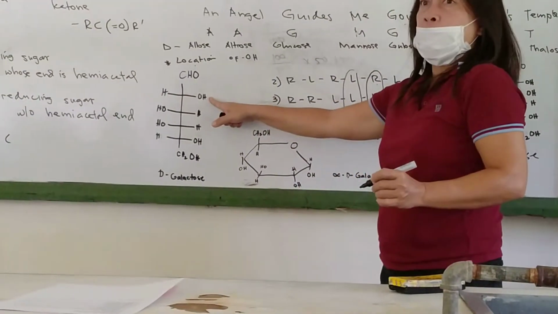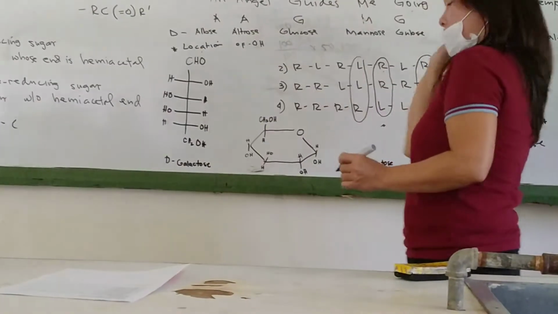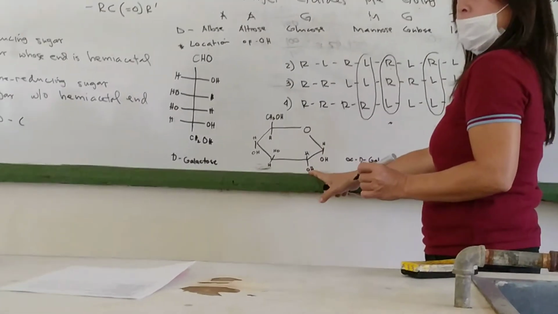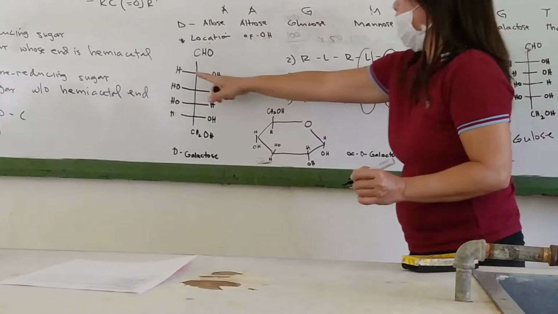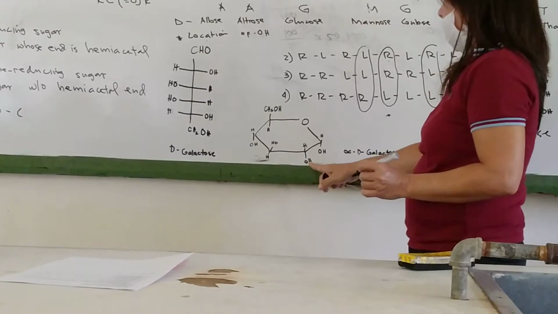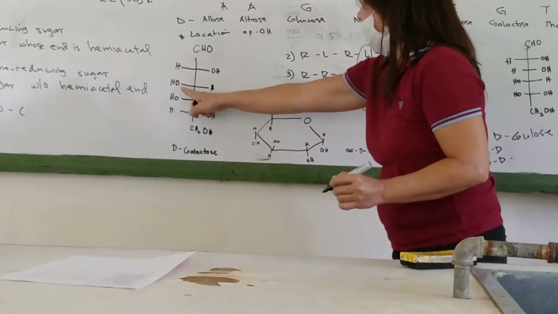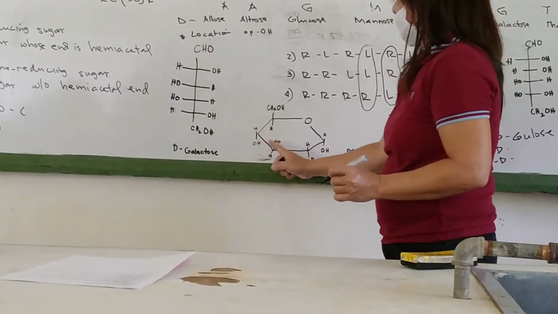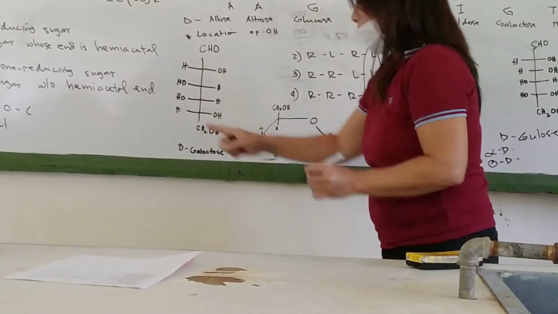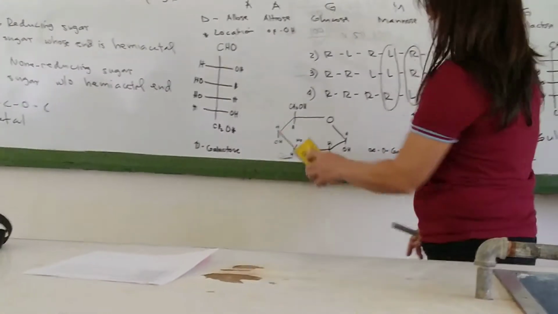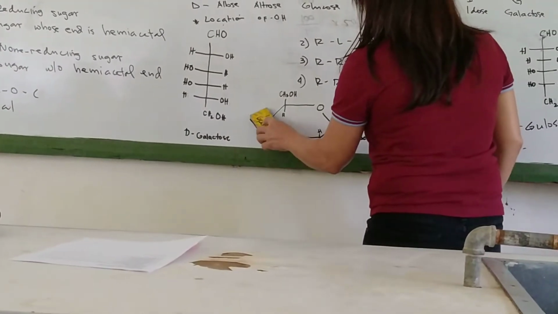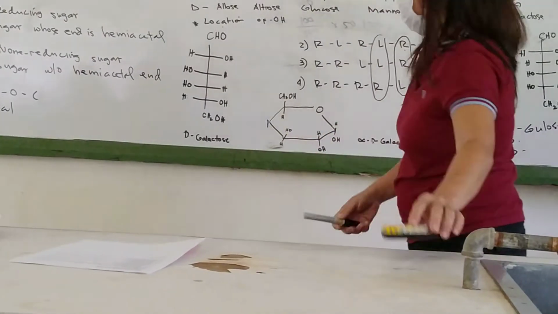If the OH location in the Fischer is on the right, then it should be placed down. Only second carbon. The third, left, up. Then this one, up also. It's alpha.